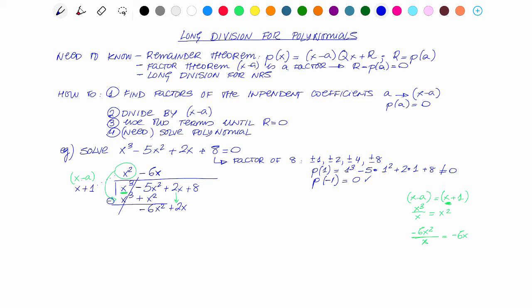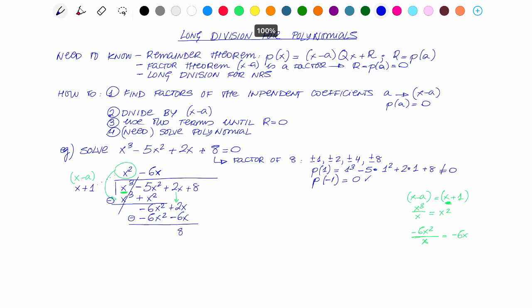We will multiply times the divisor, minus 6x times x, minus 6x squared, minus 6x times 1, minus 6x, and we subtract again to get our remainder. Of course, the squares cancel, and then 2x minus 6x, that's going to give you 8x in here, and we still have a term to carry, so we bring it up here, which is the plus 8.